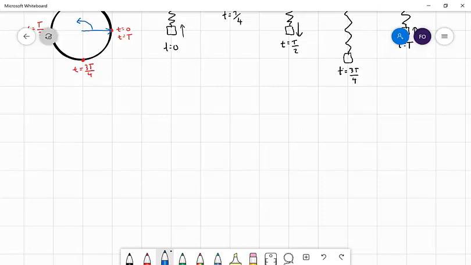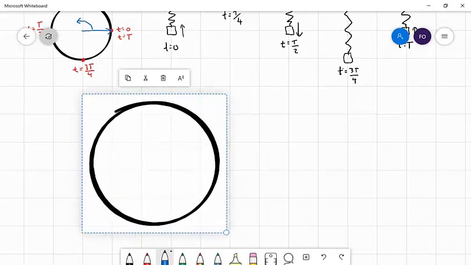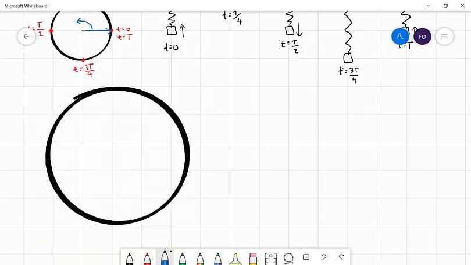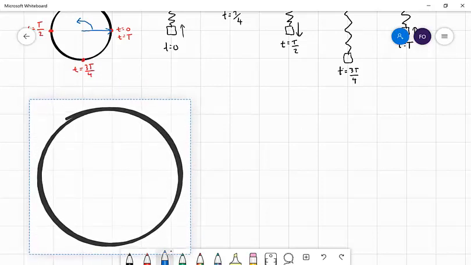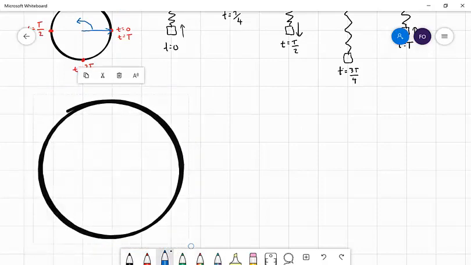So I'll pop that here, and I'm just going to make it a bit bigger so we can see what's going on. Okay, so there's our phasor diagram. In fact, I want the center to be centered on the grid here. About there. Okay, if we look at the phasor at its starting point here, where the object is moving up through equilibrium, then we can draw our starting phasor like that.